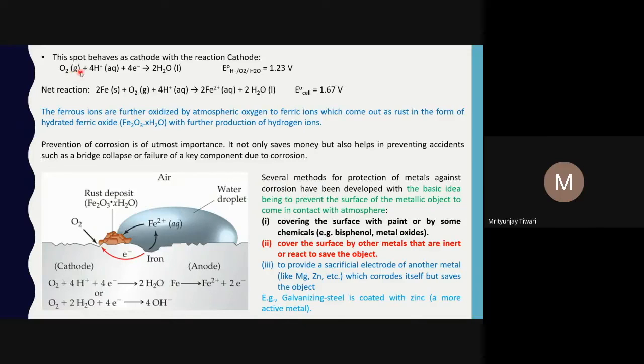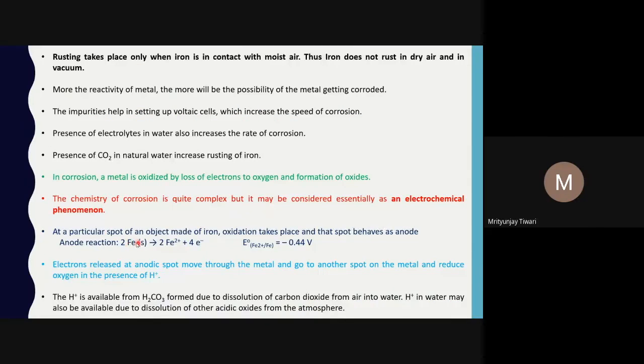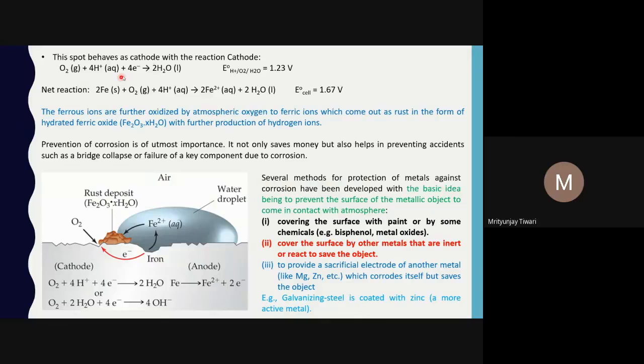So O2 gas, the H+ ions made available from the carbonic acid or from the dissolution of other non-metallic oxides into the water, and the 4 electrons that were produced by the oxidation of 2 iron atoms into 2 Fe2+. These 4 electrons, thus this reaction takes place.